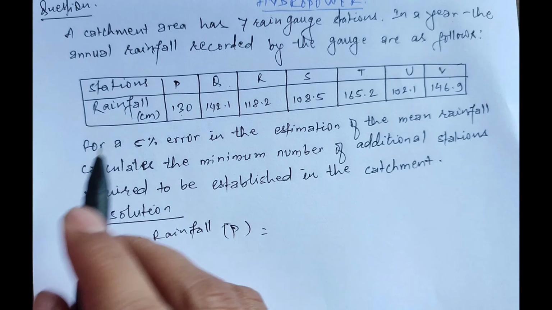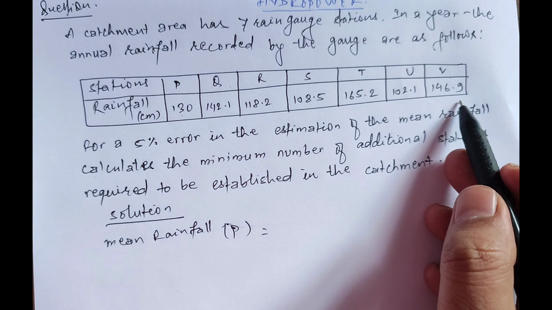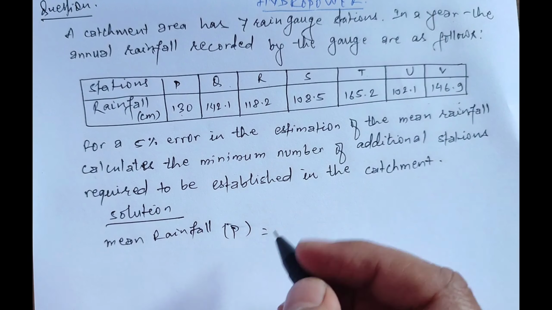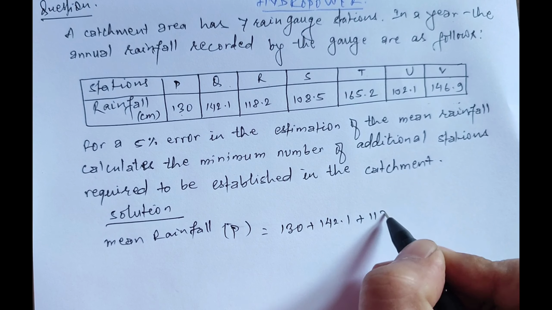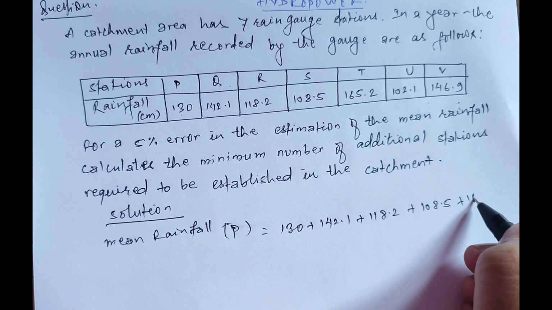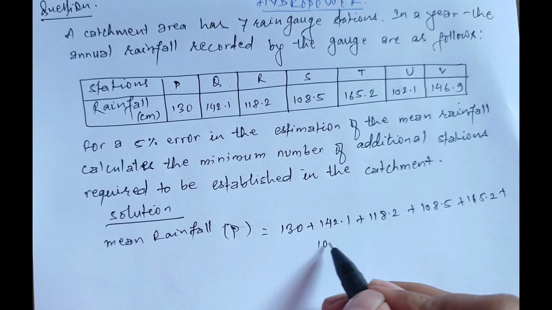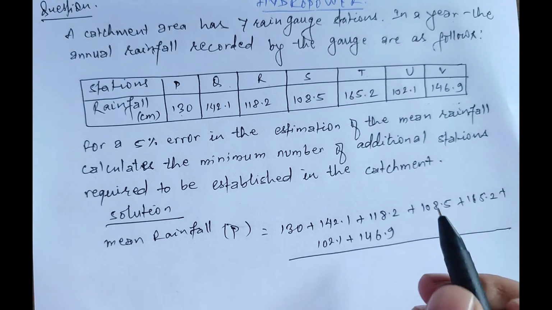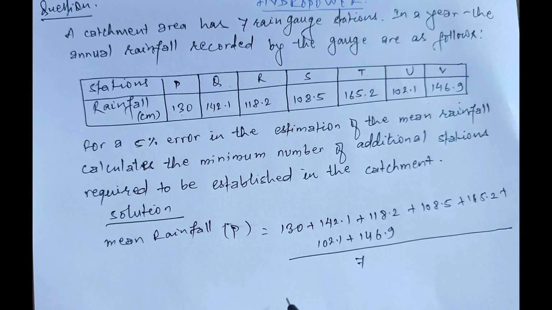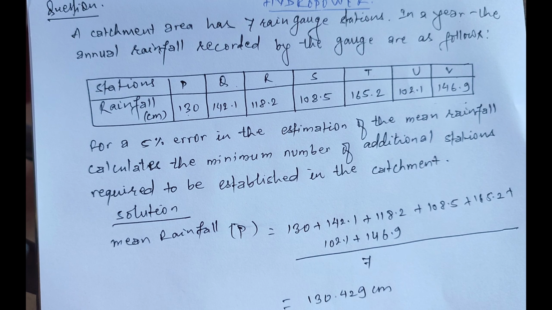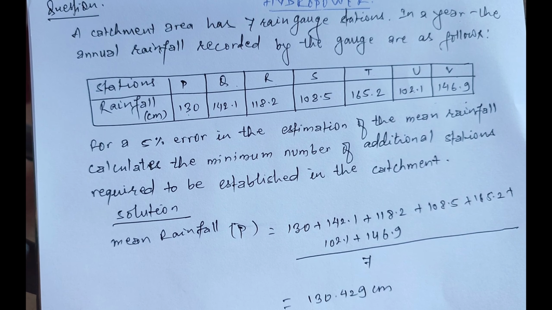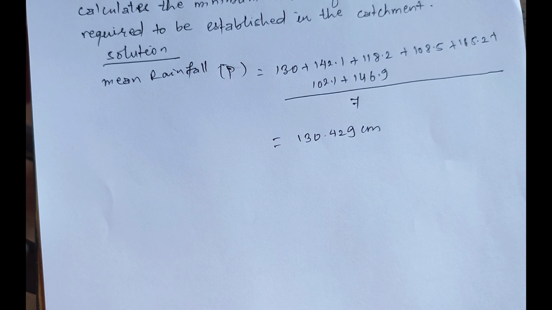Mean is the total rainfall divided by the number n: 130 plus 142.1 plus 118.2 plus 108.5 plus 165.2 plus 102.1 plus 146.9, divided by n. n means 1, 2, 3, 4, 5, 6, 7. Solving this, we get 130.429 cm.